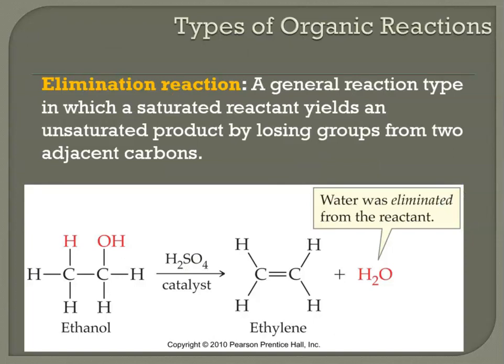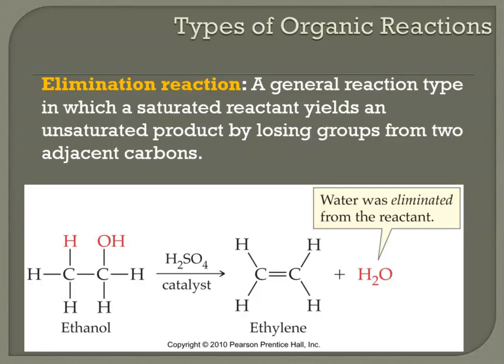Here's the first one, the elimination reaction. And we can tell it's an elimination reaction because we start off with only one reactant. So in this case, we have ethanol, and then the products, we have 2 products. So something has been eliminated from that longer chain compound, and in this case that is water.